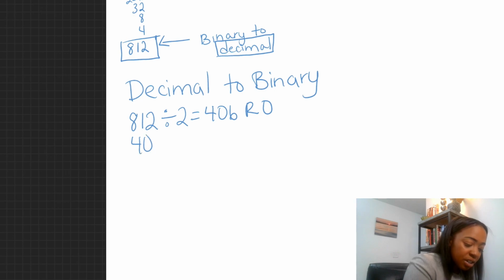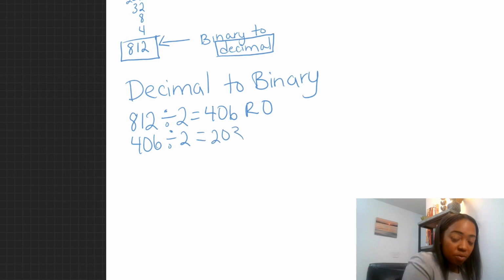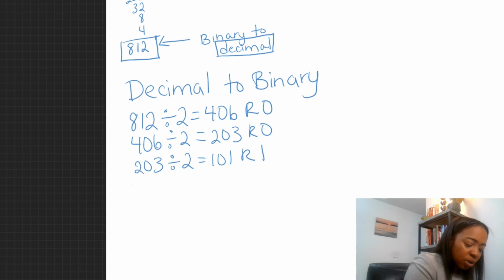406 divided by 2 equals 203, remainder of 0. 203 divided by 2 equals 101, remainder of 1. So 101 divided by 2 equals 50, remainder 1.